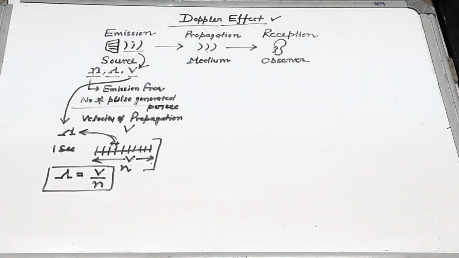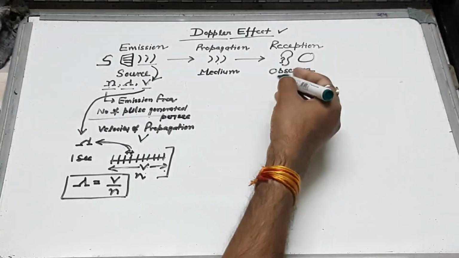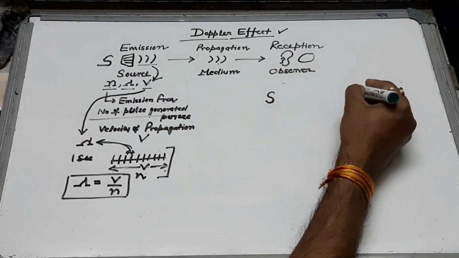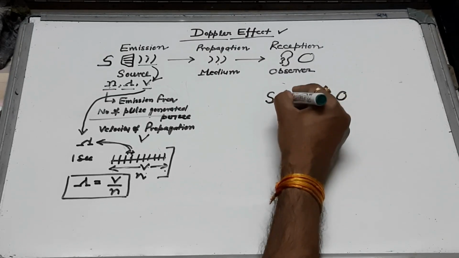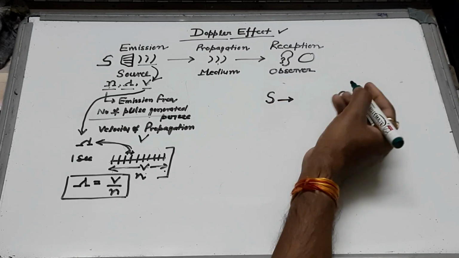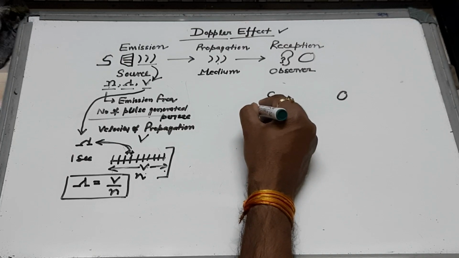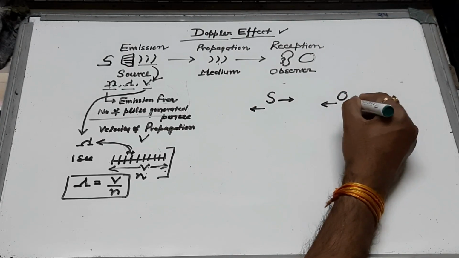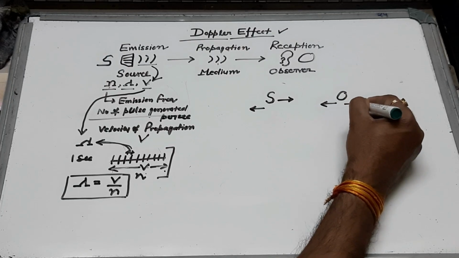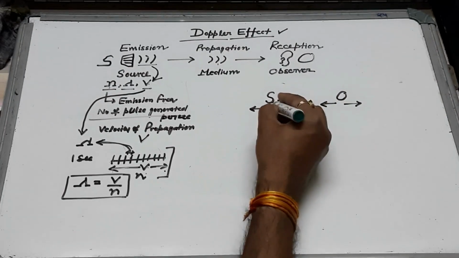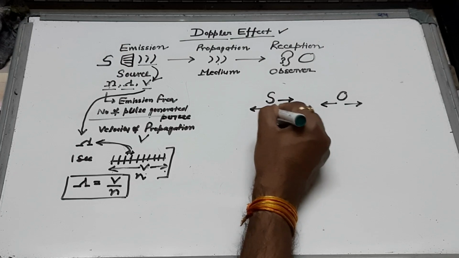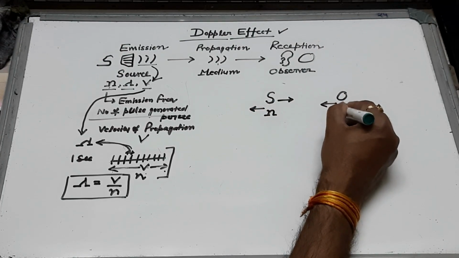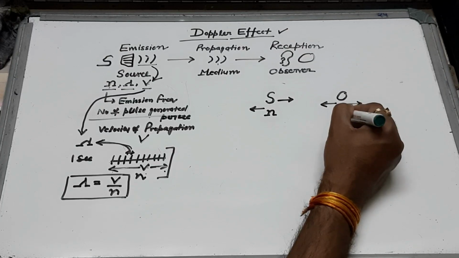So let us see what the Doppler effect tells us. The Doppler effect tells that if there is a relative motion between source and observer, meaning either the source is moving towards the observer or away from the observer, or the observer is moving towards the source or away from the source, in all those cases, the same frequency emitted by the source will not be perceived by the observer.